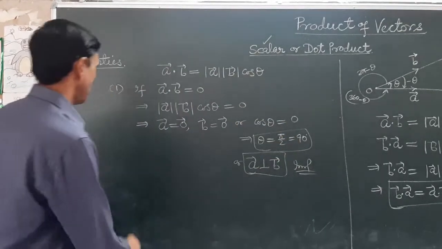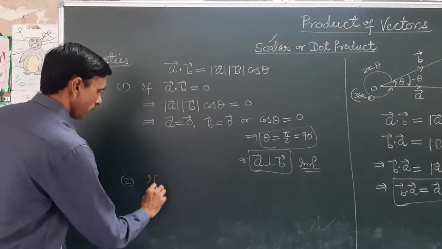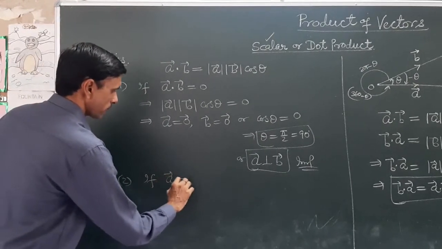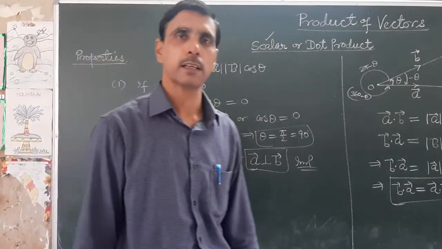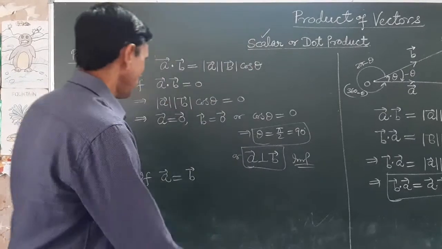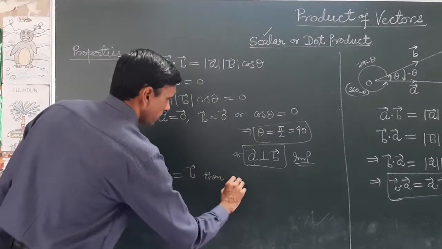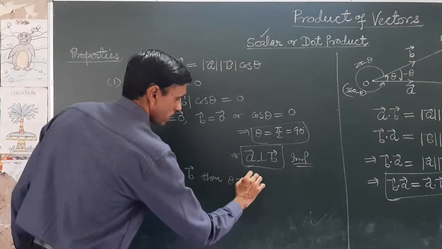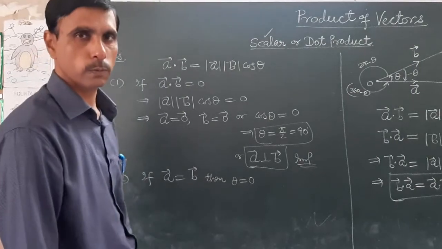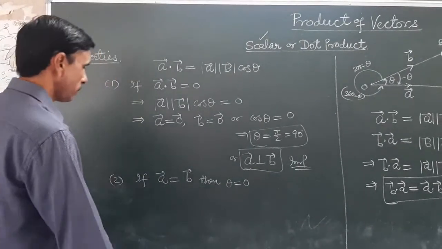This is the next point. Property: if two vectors are equal, then what will be their dot product? If two vectors are equal, then what will be the angle between them? What will be the angle? It is 0. The same line makes 0 angle with itself.